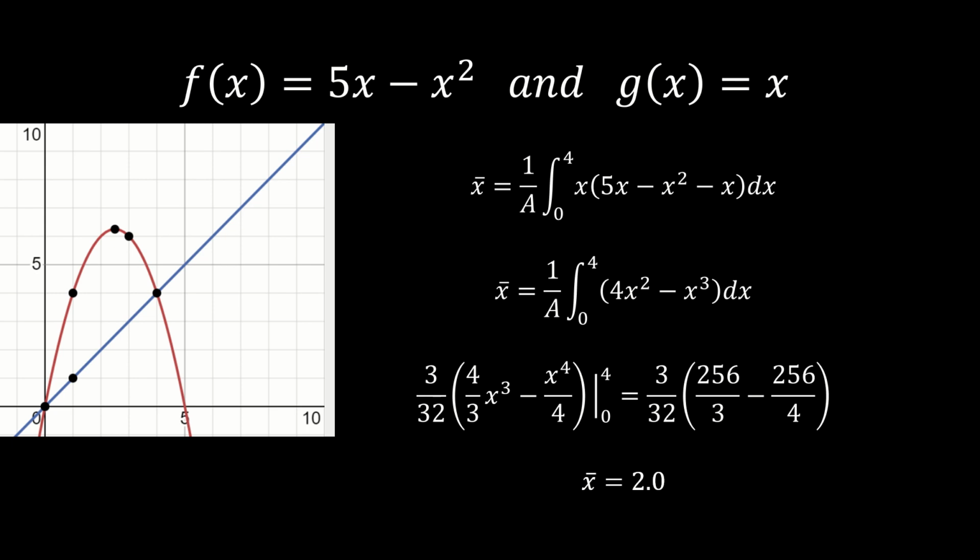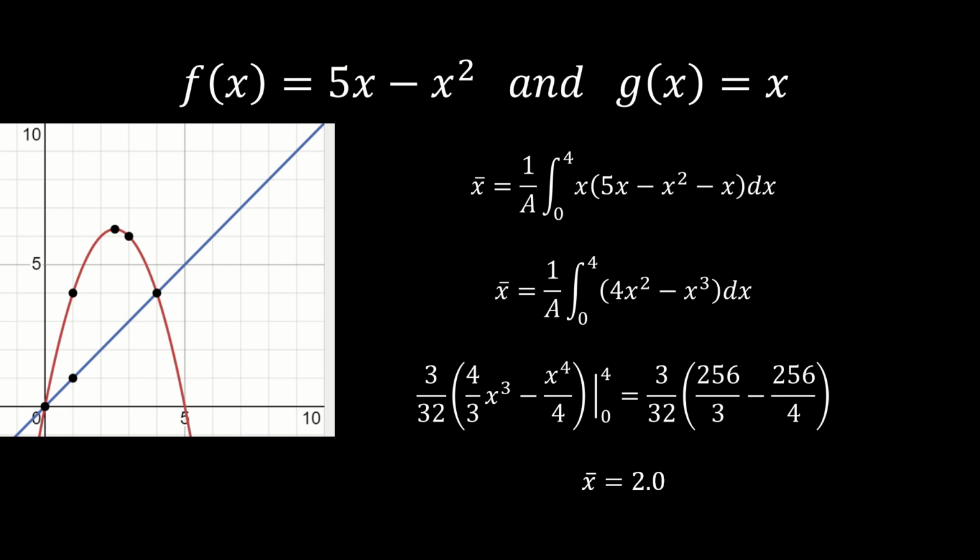Solving for our x bar coordinate, we're going to get x times the quantity 5x minus x squared minus 4, which we already know the things in parentheses are just 4x minus x squared. So as we multiply the inside by that outer x, we get the integral of 4x squared minus x cubed, which just becomes 3/32, the inverse of area, times the quantity of 4/3 x to the third minus x to the fourth over 4.